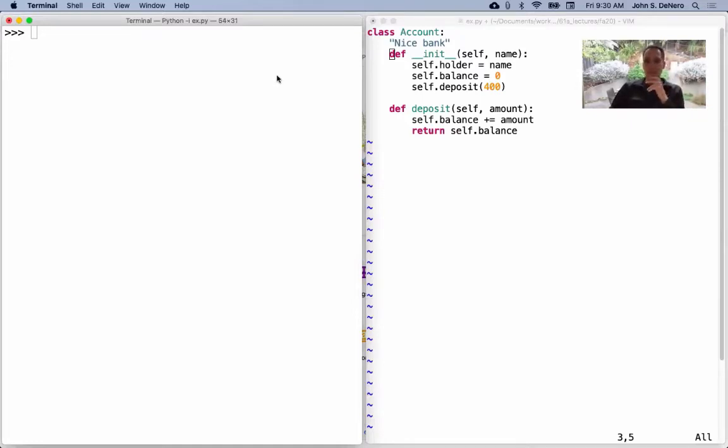Within Java, for example, there is a notion of a public method and a private method. A public method can be called by anybody, and private methods can only be called from member functions within the class. John, I don't know if this has changed in Python 3. Is there a notion of public and private in classes in Python 3?